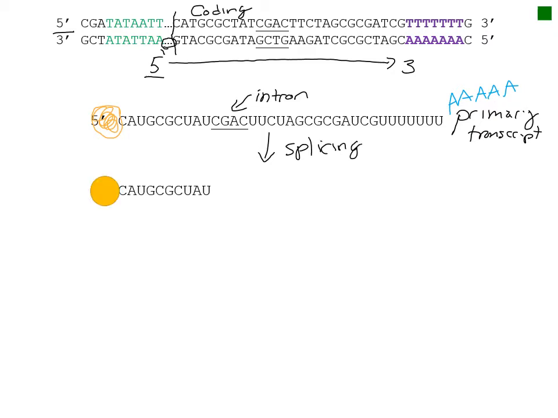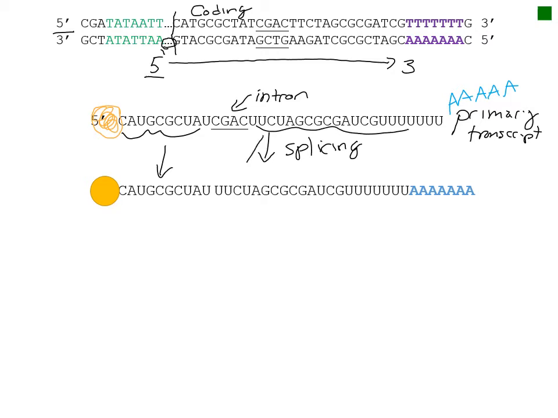Splicing will take our exon here and attach it to the second exon, causing the intron to be deleted. This has formed mature messenger RNA, which is now ready for translation.